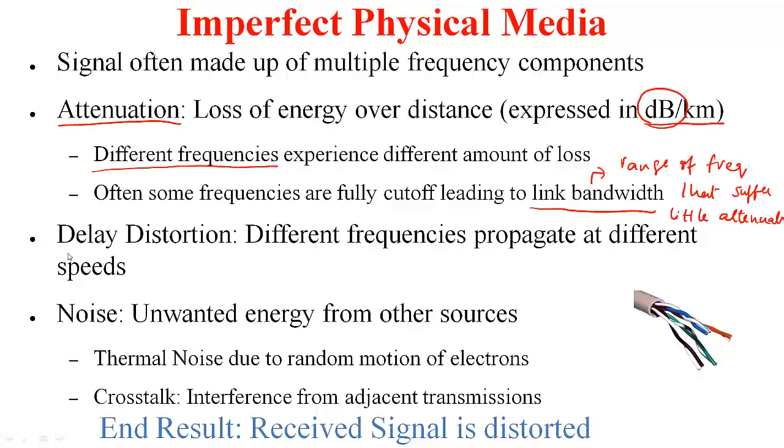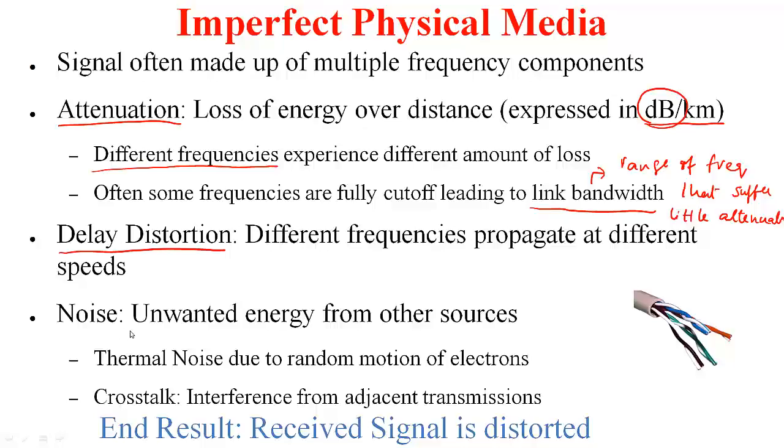Another thing the signals can experience is what is called delay distortion. This happens because the different frequencies propagate at different speeds. So what this basically means is they do not arrive at the receiver at the same time.